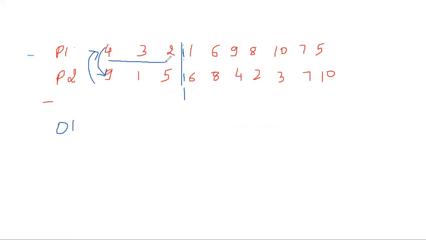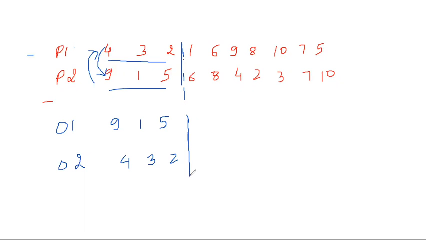So offspring 1, I will copy from parent 2. So it will be 9, 1, 5. And for offspring 2, it would be 4, 3, 2. Now to implement this, there are two ways.